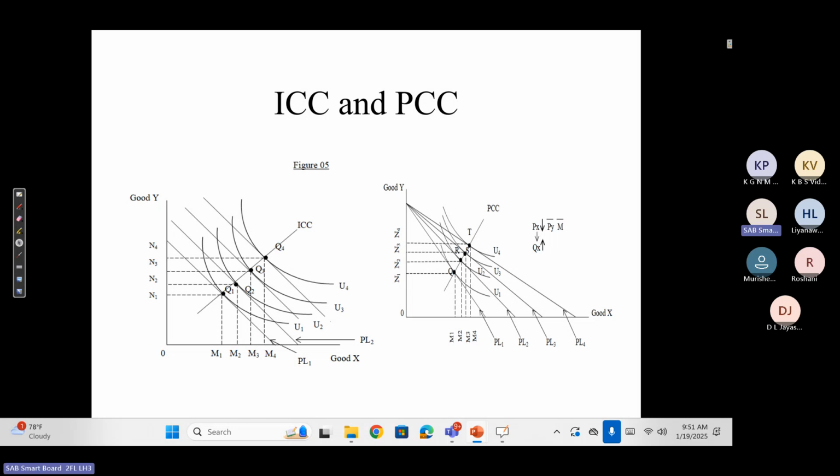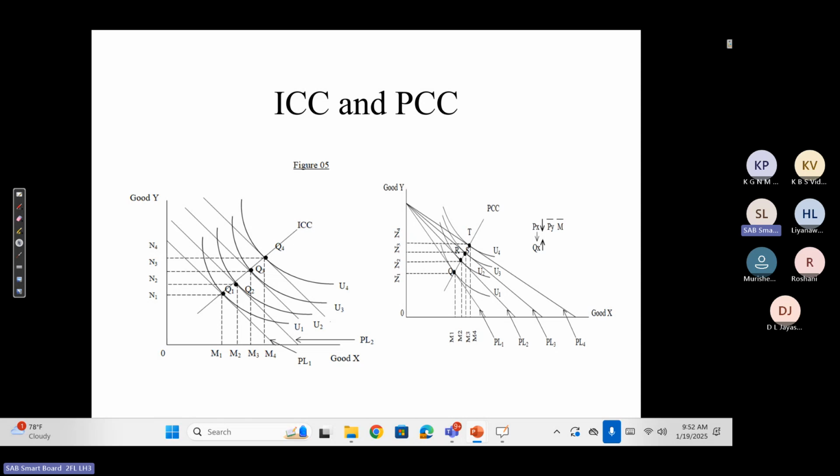So by looking at this relationship, by looking at the ICC, we can identify the nature of the product: whether it is a normal good, an inferior good, or a luxury good. And the PCC is the price consumption curve.